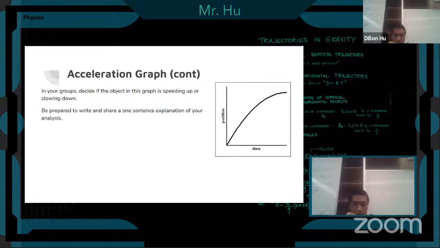Take another 30 seconds or so. Quickly write down what you and your group thought.